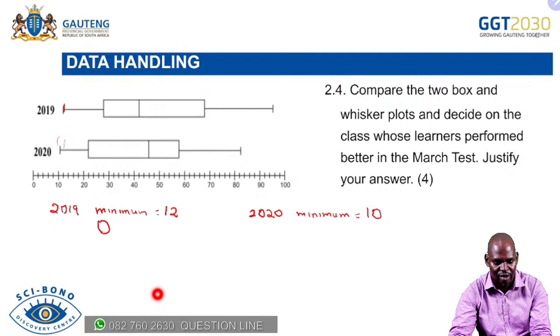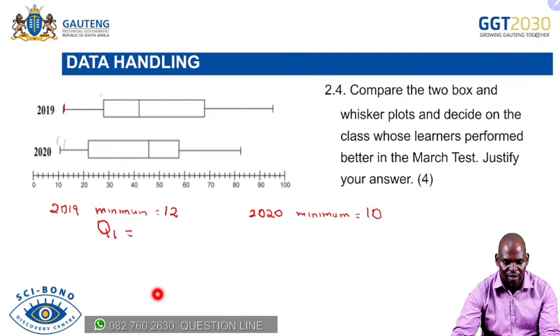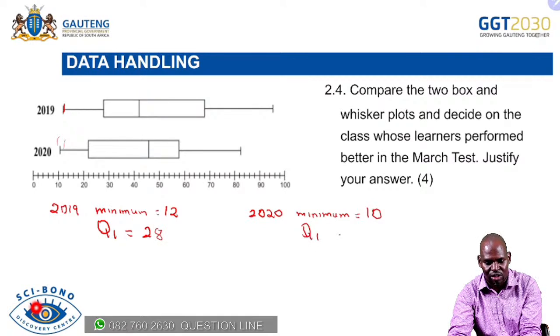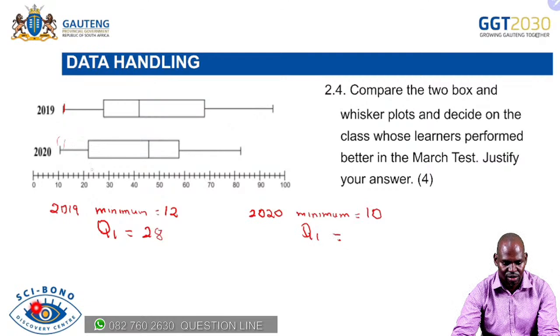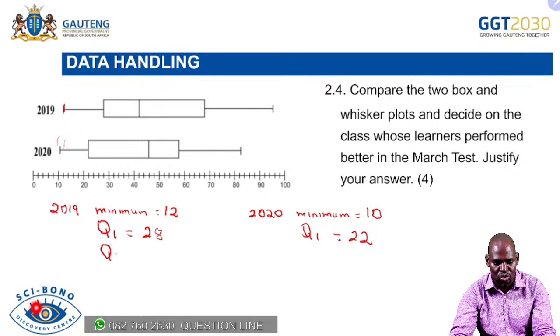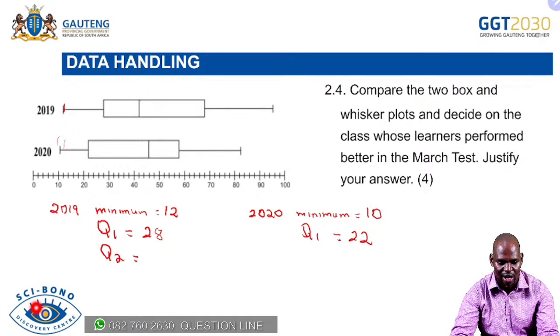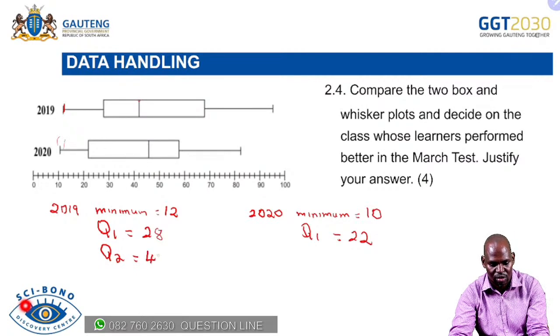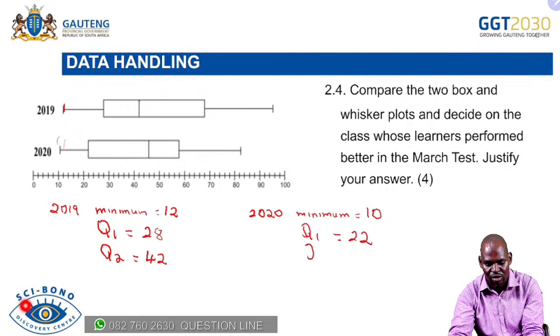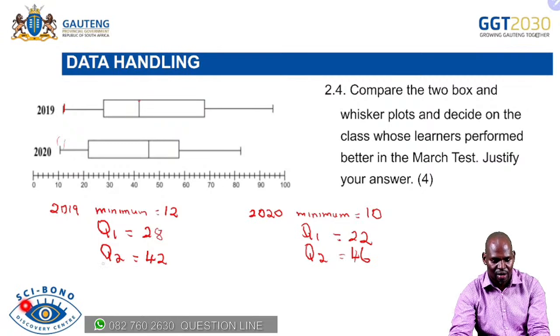Quartile 1 is 28 for 2019, and then quartile 1 for 2020 is 22. And then quartile 2, or median, in 2019 is 42. In 2020 it's about 42, 44, 46. So 46. Okay, and then quartile 3.